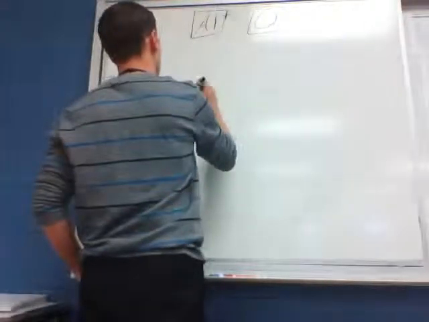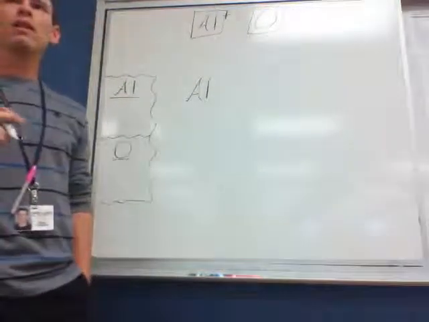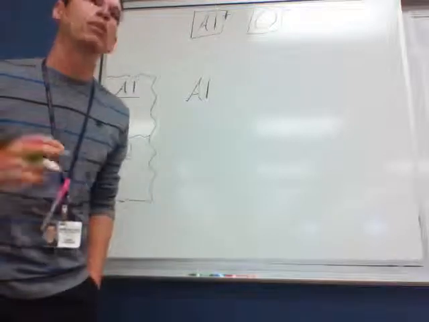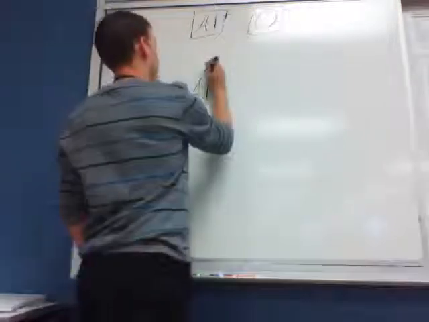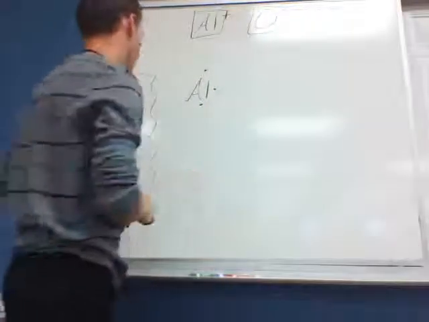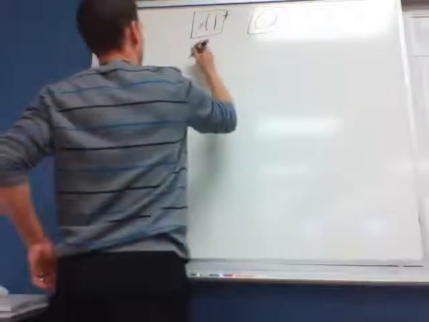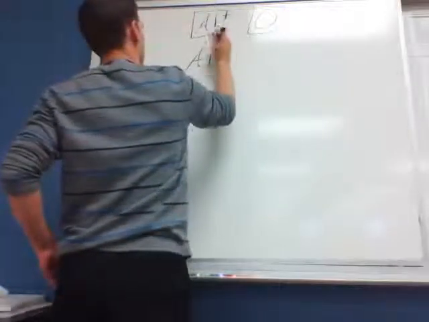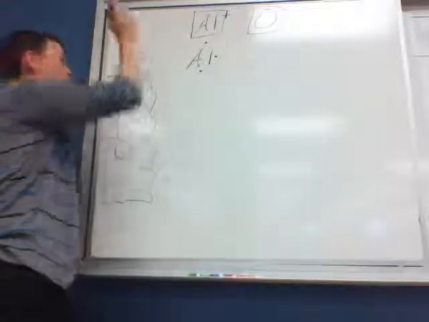All right, I'm going to draw an aluminum. How many valence electrons does aluminum always start with? He's got 3. Aluminum is in group 13, so he's got 3. I'm going to move this up a little bit because I need space. All right, so watch.